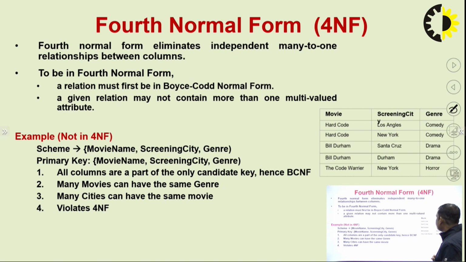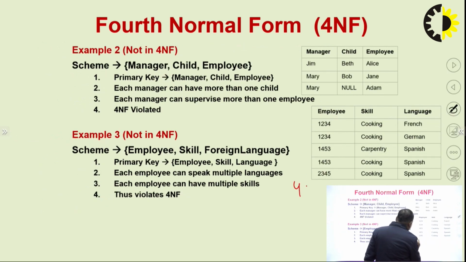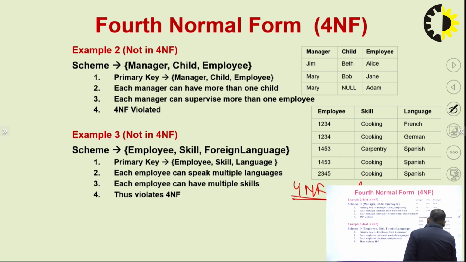Next normalization is fourth normal form. Fourth normal form is about multi-value functional dependency.